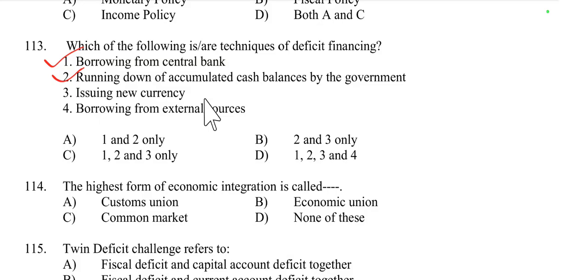Then borrowing from external sources like the World Bank and IMF. These are all used in deficit financing. When we are in a deficit budget, these techniques are used to overcome the deficit. So all of the above are correct.